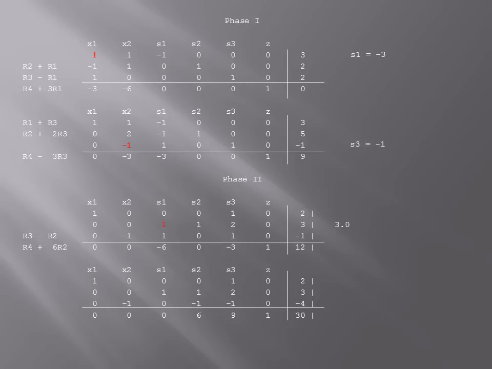Because there are no negative numbers in the bottom row under the x and s columns, we are finished. We have reached the maximum z.